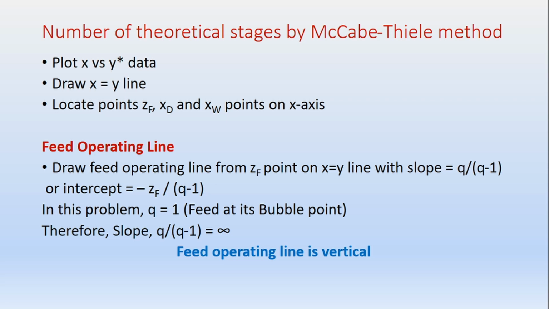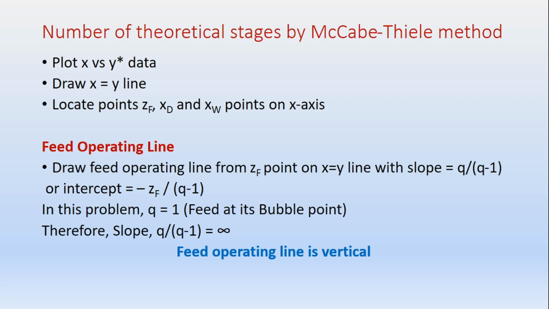We are using the McCabe-Thiele method here to determine the number of ideal stages. Alright, so plot x and y star data, draw the x equal to y line, and locate the points zF, xT, xW on the x-axis. Okay, and determine the value of q. The q in this case is 1 because the feed is at its bubble point.